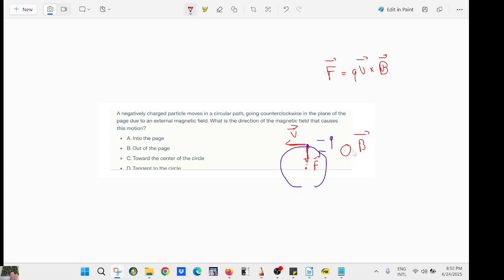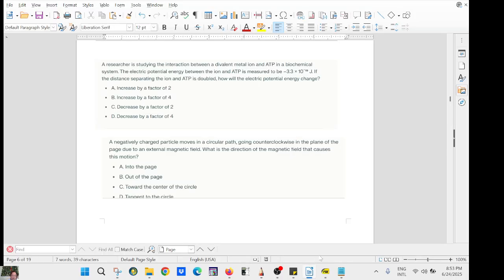Okay, so use your left hand because it's a negative charge. So V is to the left, then F is down. So B has to be towards you. So the answer is out of the page. Into the page would mean across, but this is out of the page. Okay, so let's go to the next one.